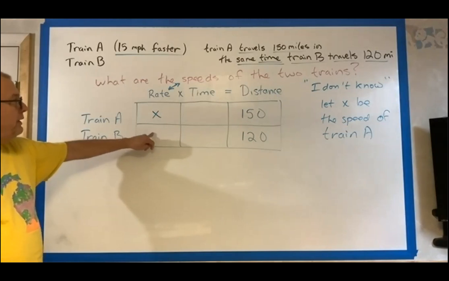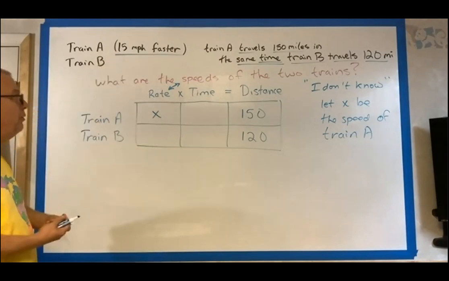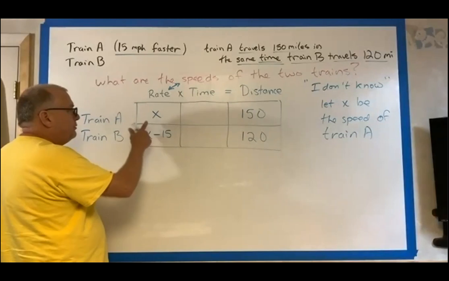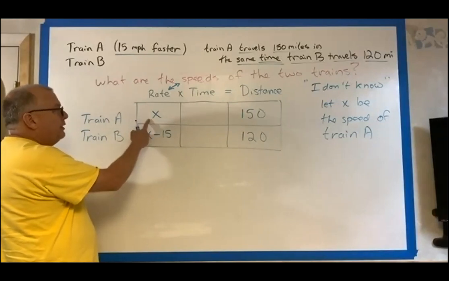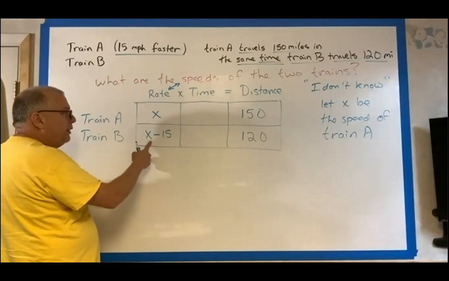I don't know what it is, but I know it's 15 miles per hour what? Careful, slower than train A. In other words, if train A is doing 75, this one's doing 60. If train A is doing 200, a bullet train, train B is doing 185.